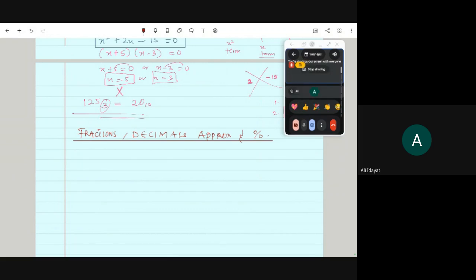So now, when we say fraction, in mathematics, we have what we call numbers. And numbers are of different types.